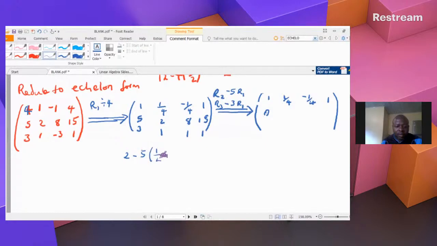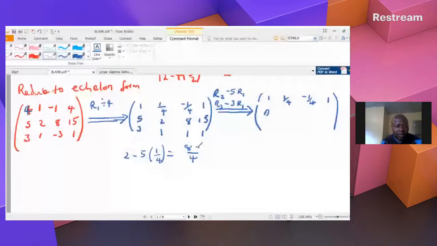So what I get here, the LCM is 4. This is 8 here, minus 5, 8 minus 5.